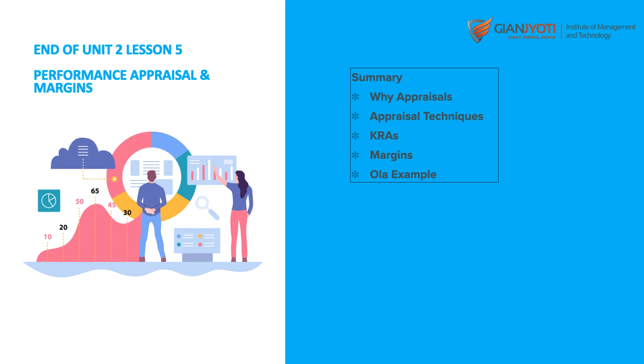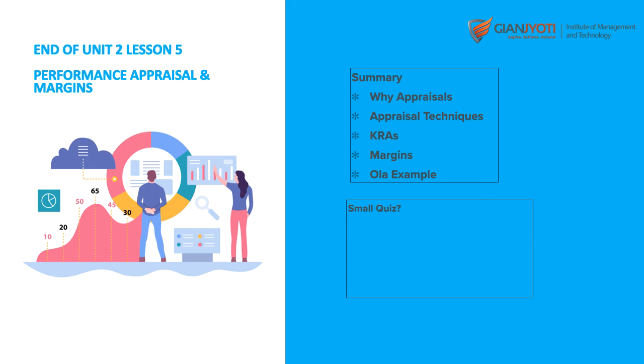Let me summarize. We looked at why we go for appraisals, and what the different types of appraisal techniques are. Then we talked about key result areas or KPIs, key performance indicators for Salesforce performance. We discussed margins, and then we took one example to understand the retailer or the supplier gross margin.